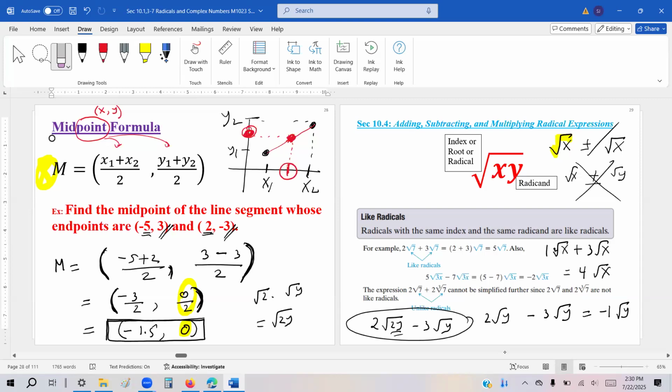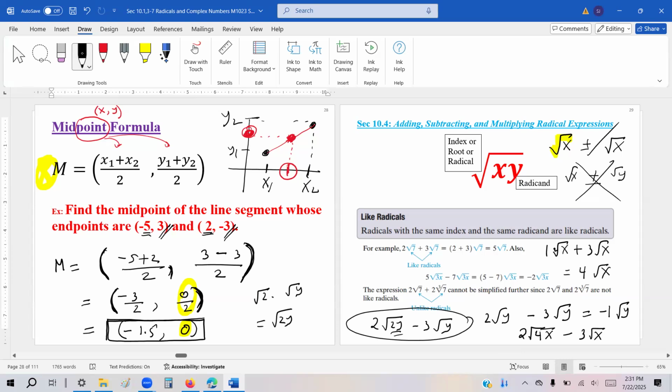So first scenario, if they are not the same and there is no way you can make them the same, you cannot do anything. But there is another scenario. What if they are not the same, but after you simplify, they become the same? For example, 2 square root of 4x minus 3 square root of x.